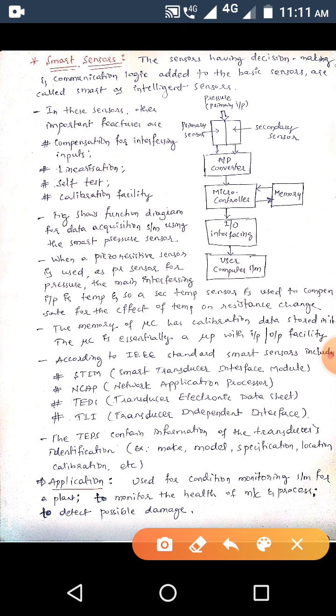For example, it is going to identify the make of the machine or system, then what the model is and what its specifications are, and if the calibration has been done, it is going to identify the difference between the standard value and the calibration values, and the location, meaning the exact location of the system. So whether it is in the memory or in the motherboard, for example, if we consider a system here. So the location of the system is also identified by using the TEDS.